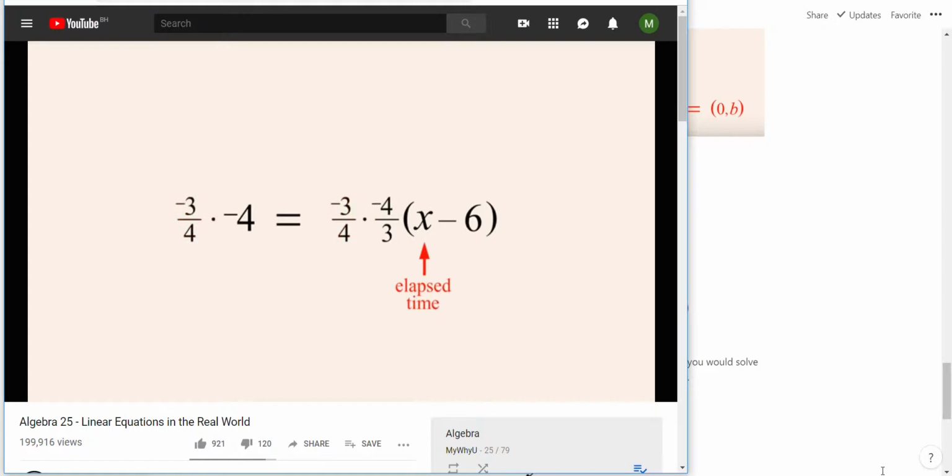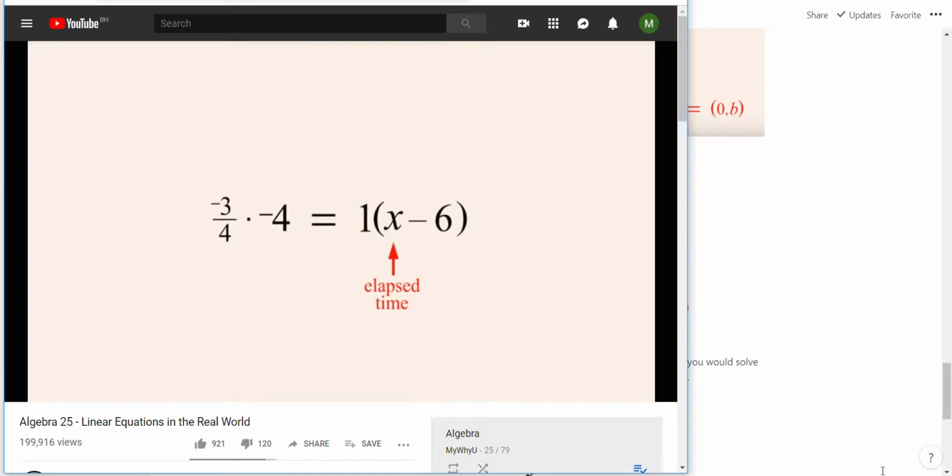Since anything multiplied by its reciprocal is 1, we can replace -3/4 times -4/3 with 1. Now, since everything in the parentheses is multiplied by 1, we can eliminate the 1 and the parentheses.